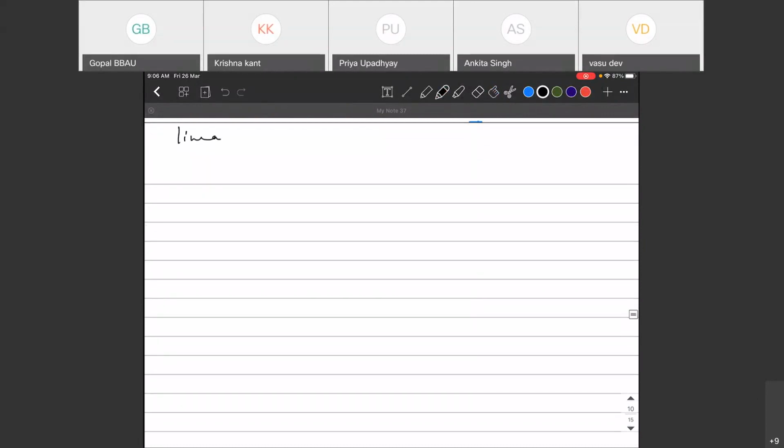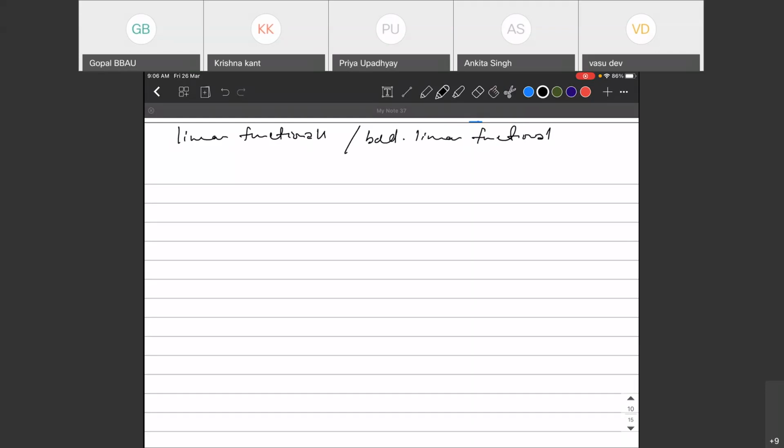So we have seen linear functionals, bounded linear functionals, and we have learned some properties of these. We have seen some examples, correct?